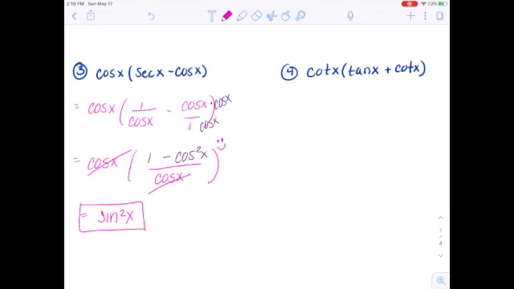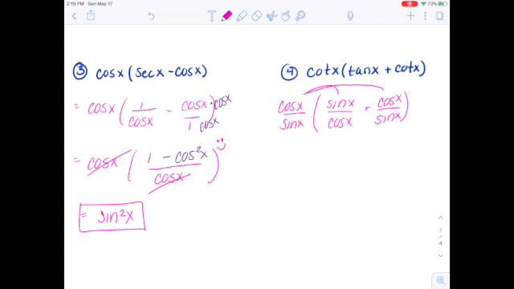All right, number 4, I'm going to switch everything to sine and cosine. So cotangent is cosine of x divided by sine of x, multiplied by sine of x over cosine of x plus cosine of x divided by sine of x. Now, you kind of have one of two options. You can combine your fraction in the parentheses, or I think what I'm going to try is to just distribute so you can see how that would work.